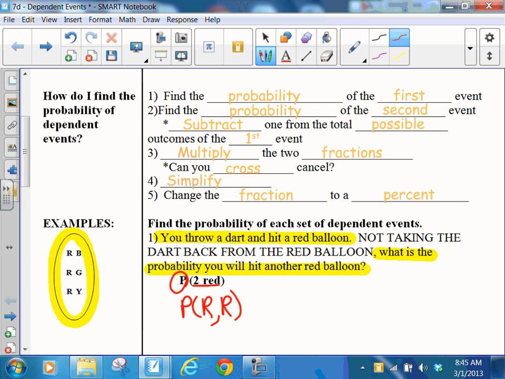So on the first event, we have 1, 2, 3 red balloons out of 6 balloons total. Once we throw a dart and hit one of the red balloons, we have 2 red balloons out of 5 balloons total.